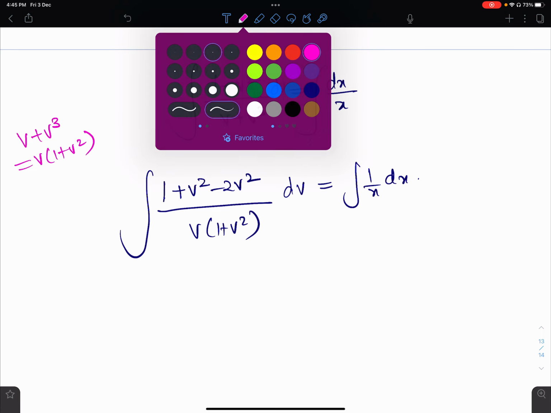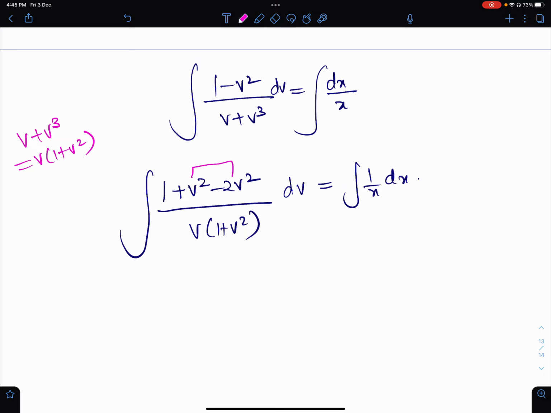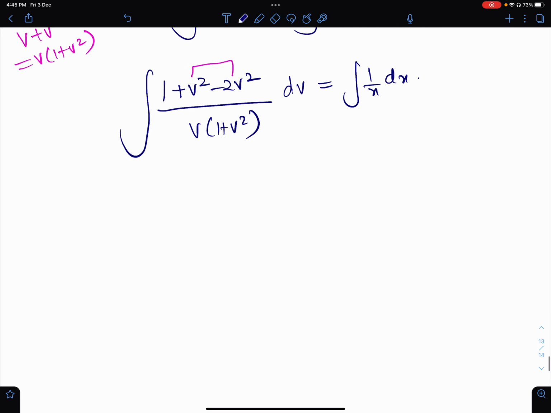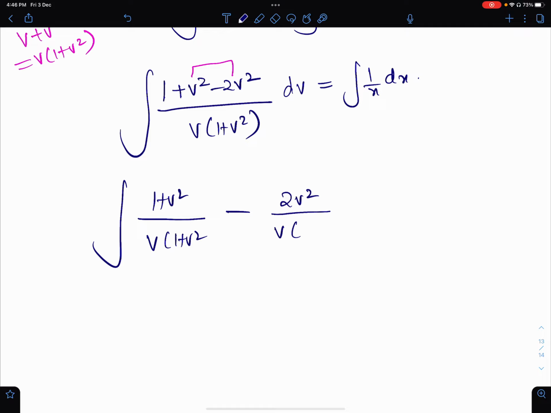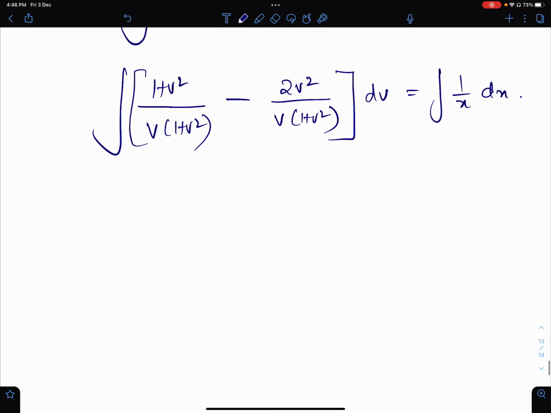Okay. So if you combine these, 1 plus v square minus 2v square, that is 1 minus v square. Now I am going to separate term by term to reach the answer. So it is 1 plus v square by v times 1 plus v square, minus 2v square divided by v times 1 plus v square, dv equal to the integral of 1 by x dx. So see the first term.